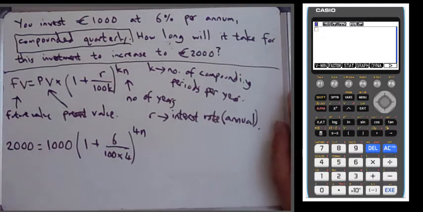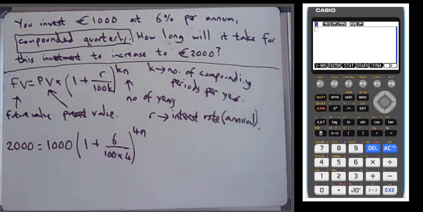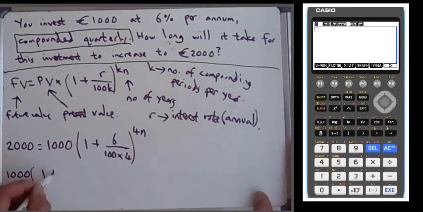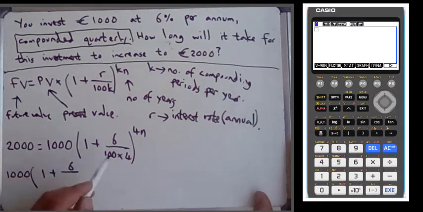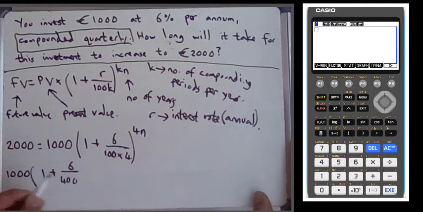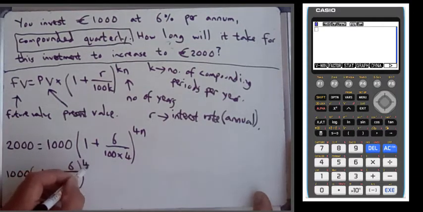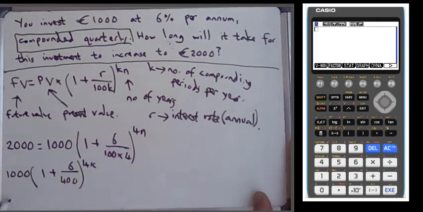If you use a graphical approach, I think it's good because it's so transferable to lots of other things, and you probably already know it from GCSE. So I'm going to plot 2 lines: y equals 1000 times (1 plus 6 over 400) to the 4x, and y equals 2,000 as well. I'm going to see where they cross, and then I'm going to get an n from that.